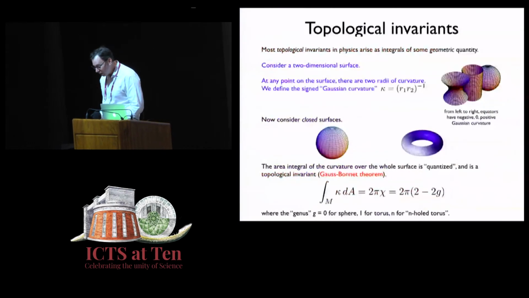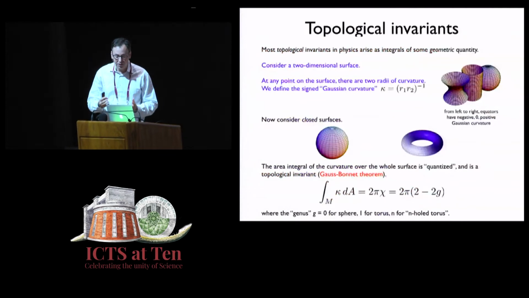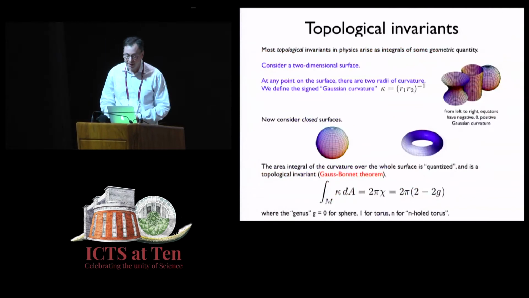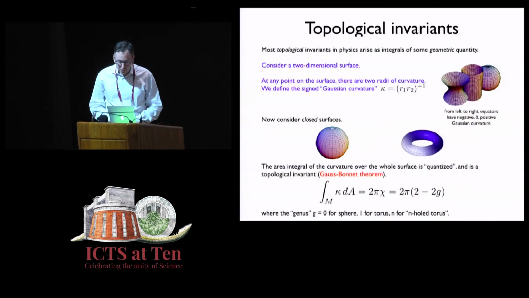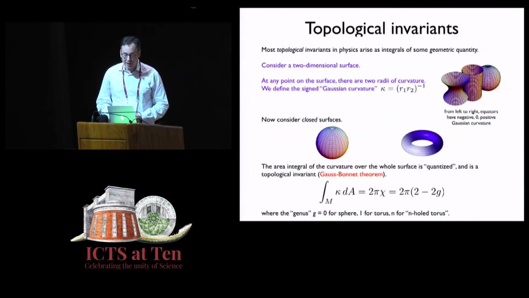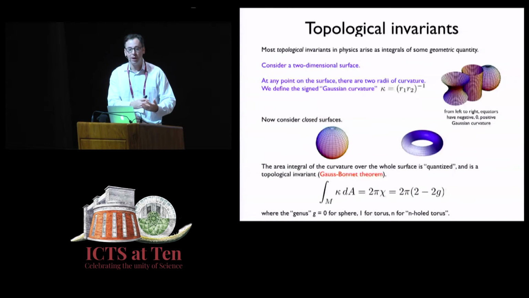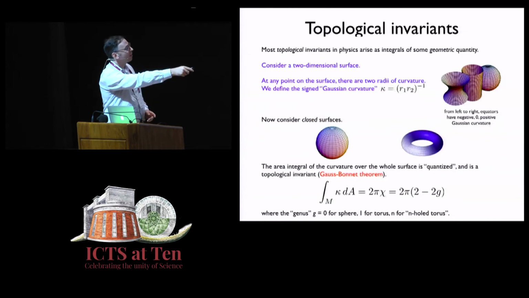So the way we make topology in this area of physics is to take something that has a local geometric meaning and integrate it over a closed surface. So let me make a mathematical analogy of this kind of topology. If I take two-dimensional surfaces, at every point on one of those surfaces, there are two radii of curvature in perpendicular directions, and one notion of curvature I can define is the inverse of the product of those radii, and I want to define a positive or negative sign as follows.